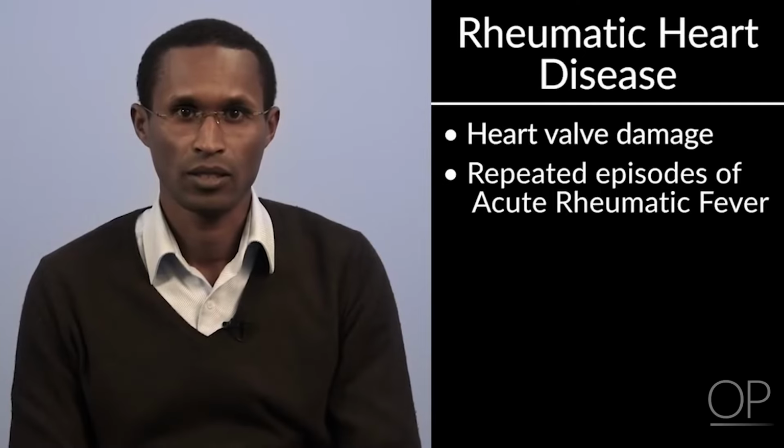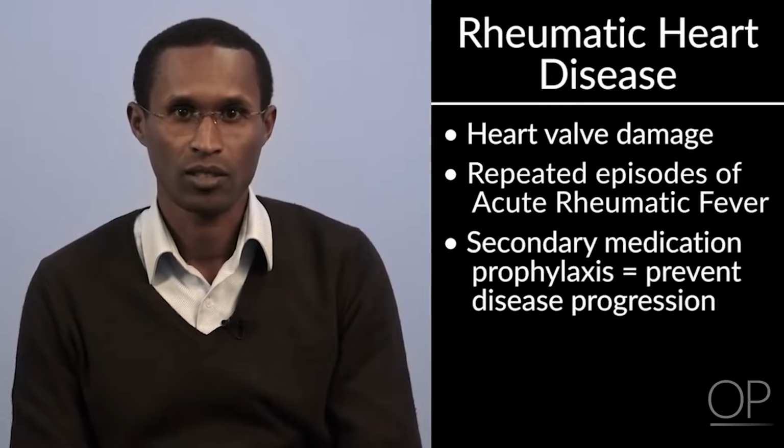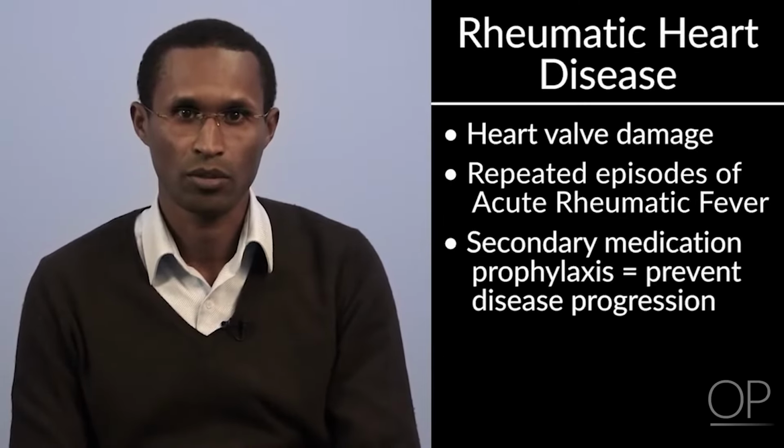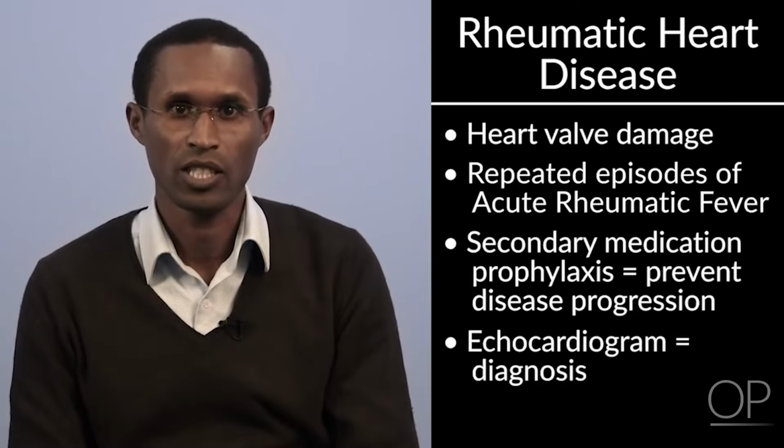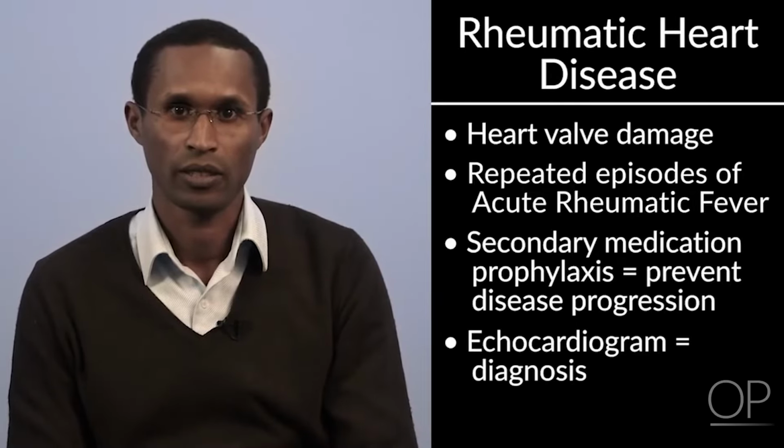Early diagnosis of rheumatic heart disease is very important so that secondary prophylaxis can be started as soon as possible to help prevent the progression of the valve disease. Echocardiography is an essential tool to confirm the diagnosis and to detect any progression of the valvular disease.